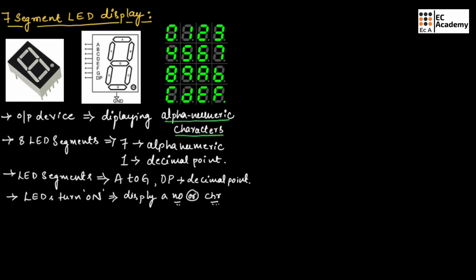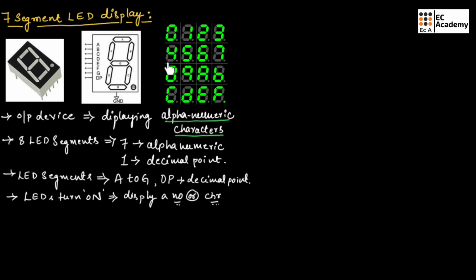This is an example of how LEDs are turned on to display different numbers as well as alphabets. For example, to display 4, the LEDs F, G, B, C will turn on, as you can see in this figure.